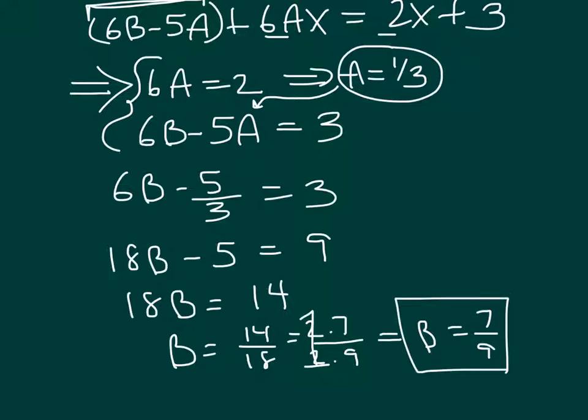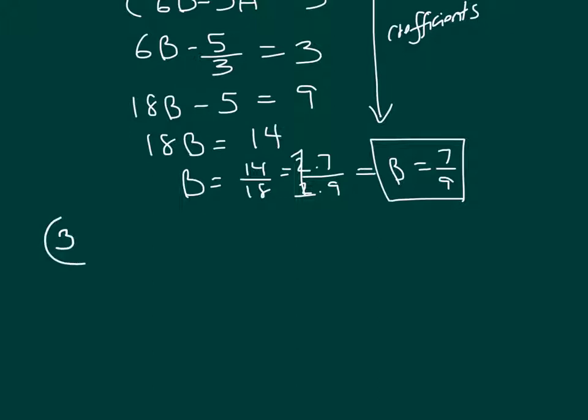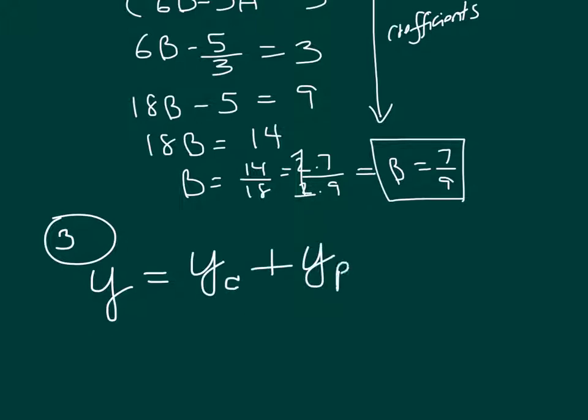So the method of undetermined coefficients, well, there are my coefficients. We found our coefficients. And so now let's put everything together. The general solution to the non-homogeneous equation is y sub c plus y sub p.